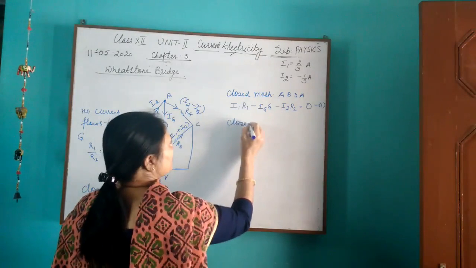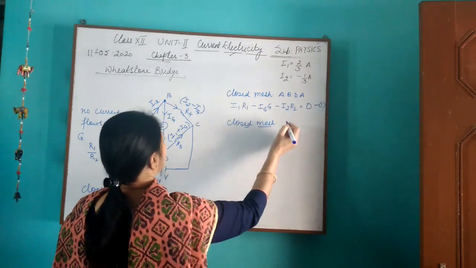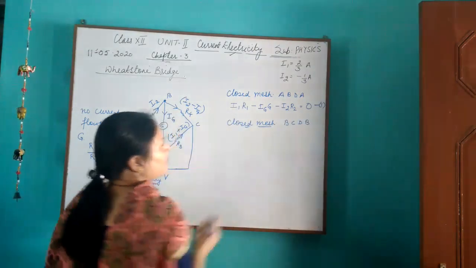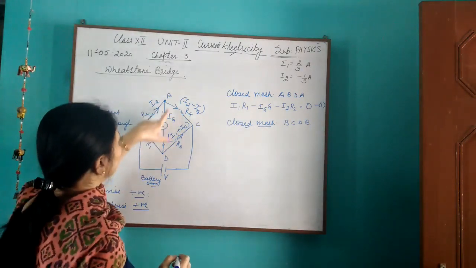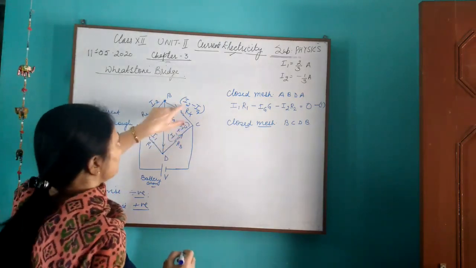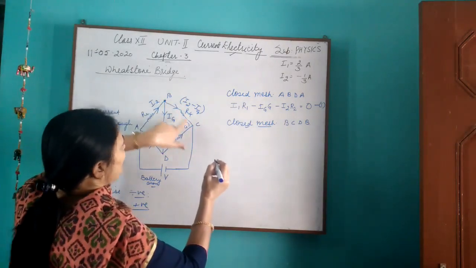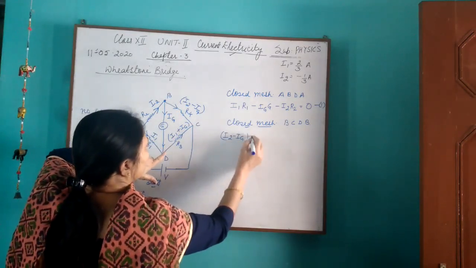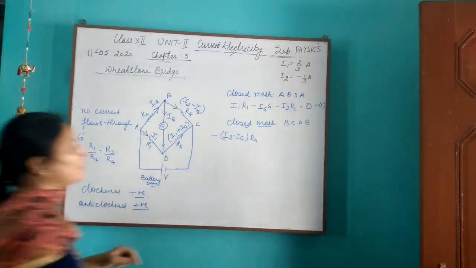Come to the second circuit. Closed mesh B, C, D, B. The same convention. We'll start with I2. From here we can start with R4 or any of the three branches. Let's see how it is moving. It is clockwise: I2 R2, minus IG into R4, as it was clockwise, negative sign.